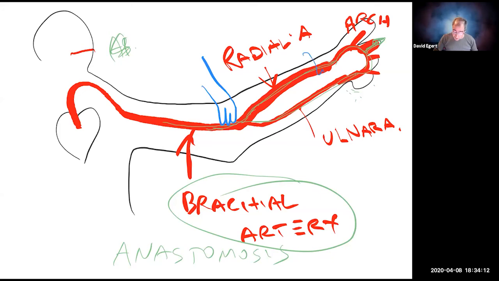Whereas if you just stopped this artery or this artery, the blood can always come around the other way because of this anastomosis. So we will see this demonstrated with Tina pushing on the different arteries.